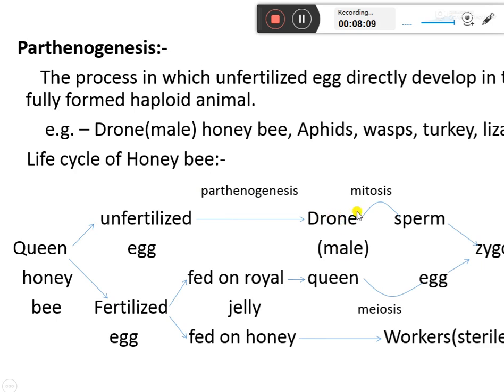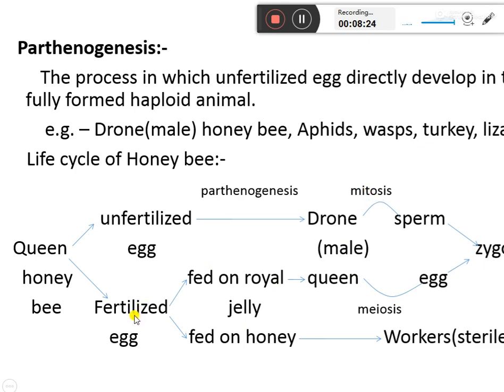Since male drones are haploid organisms, they produce the sperms through mitosis.